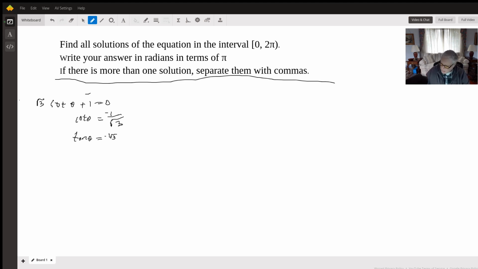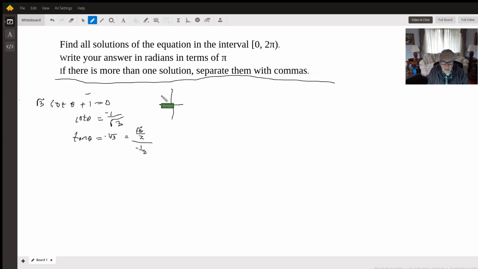This negative root 3 is the same as root 3 over 2 divided by negative 1/2.